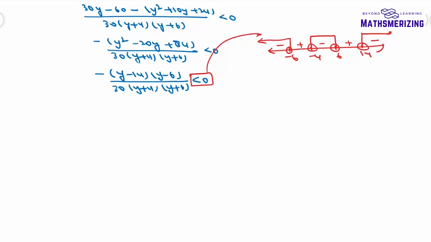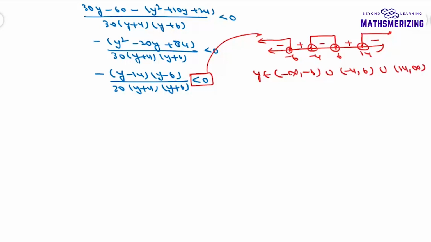So the condition I'll get is y belongs to minus infinity to minus 6 union minus 4 to 6 union 14 to infinity. I need to find the values of x, not the values of y.